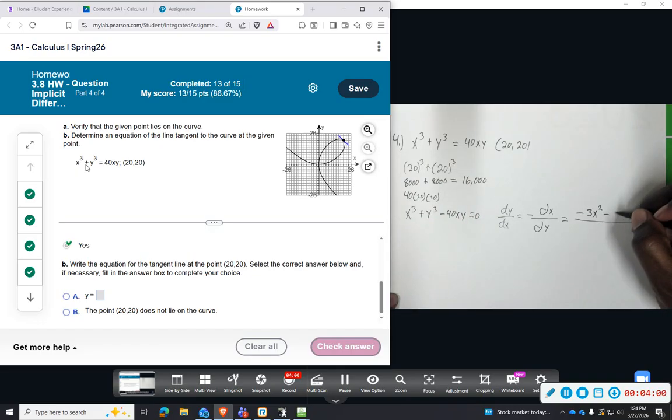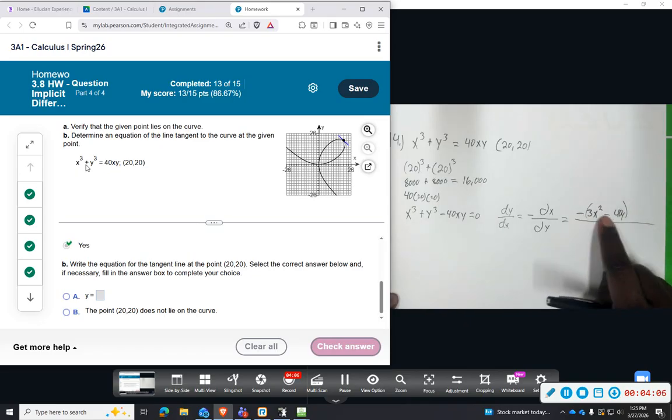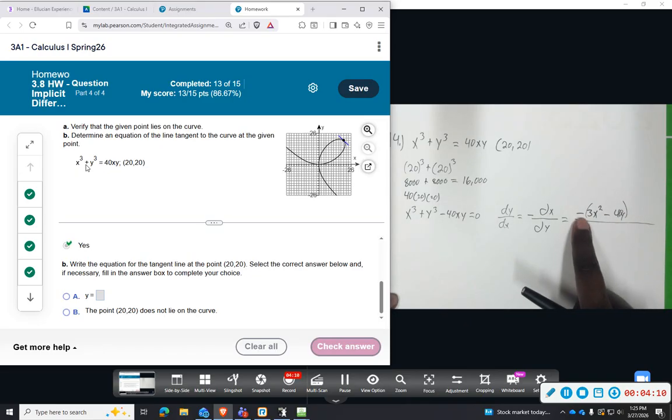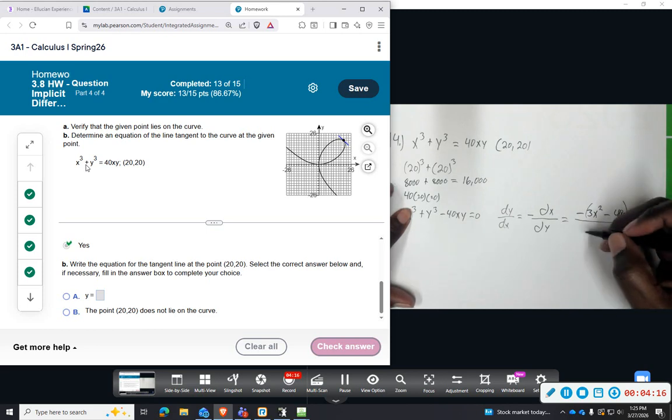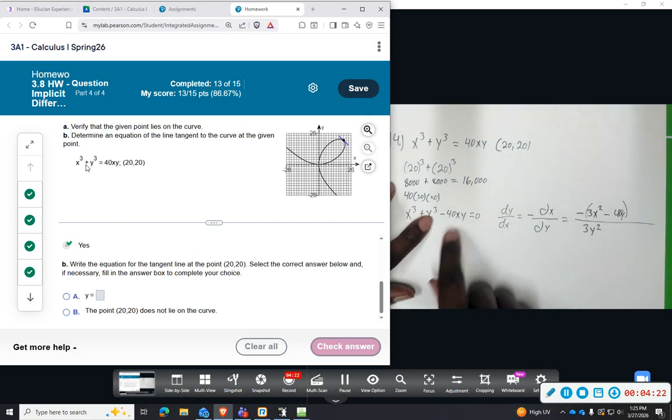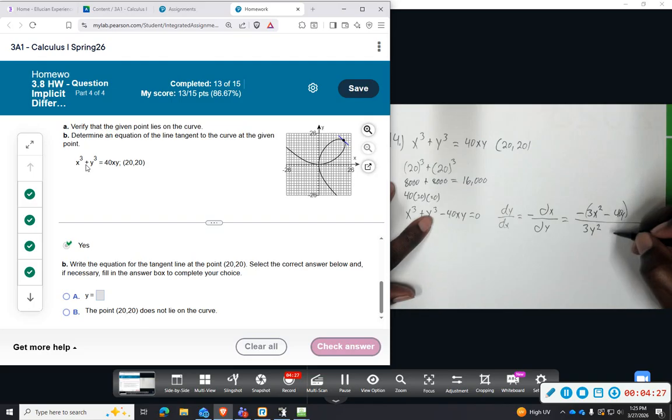So minus 40y. Now this is a negative, so that negative actually distributes to both and could change both signs, but I'm going to be careful right there. Then on the bottom, we're going to do the partial with respect to y. The derivative of y cubed would be 3y squared. The derivative of this term, ignoring the x, will give you a negative 40, and then negative 40x.